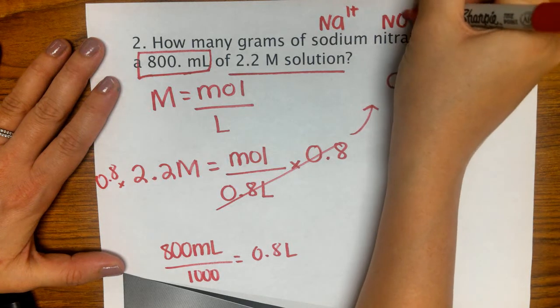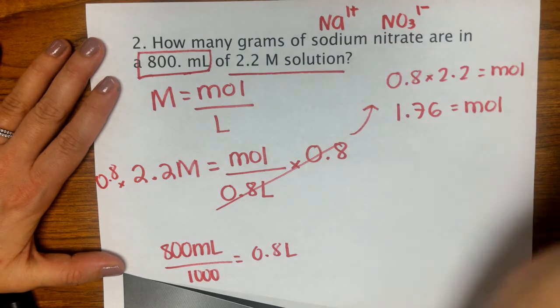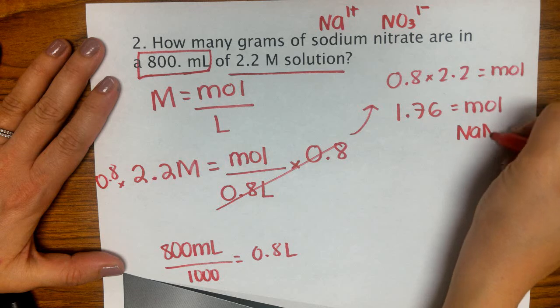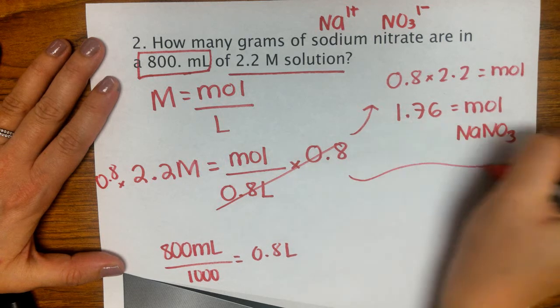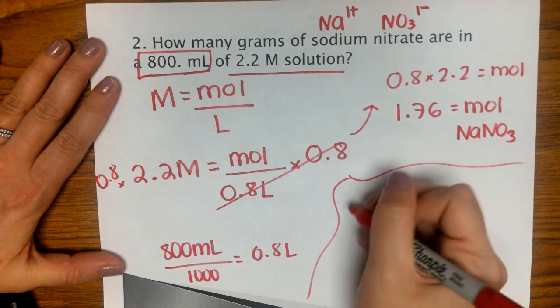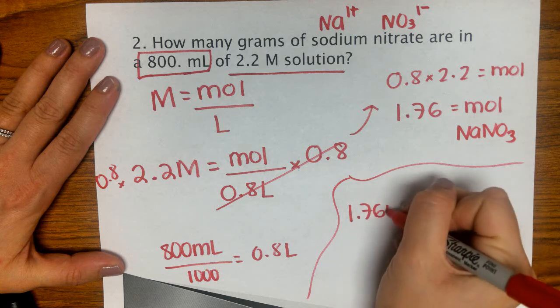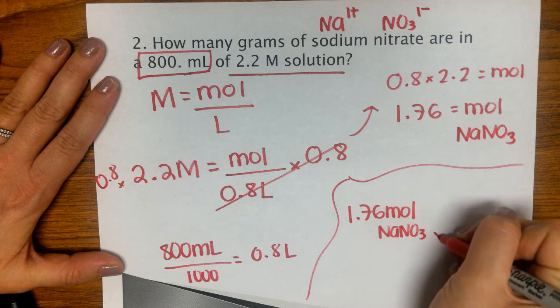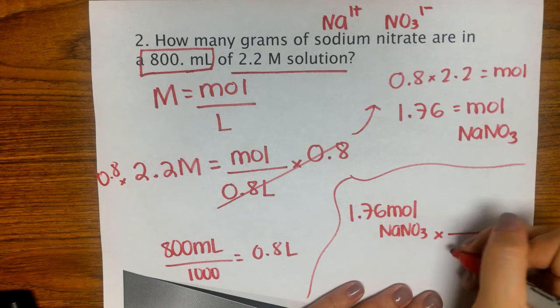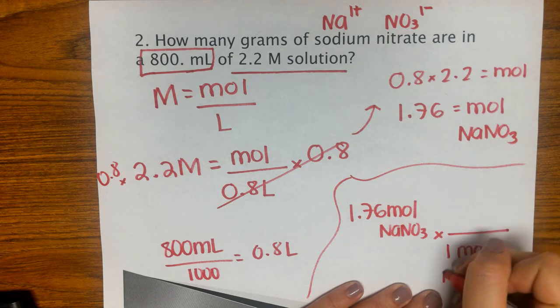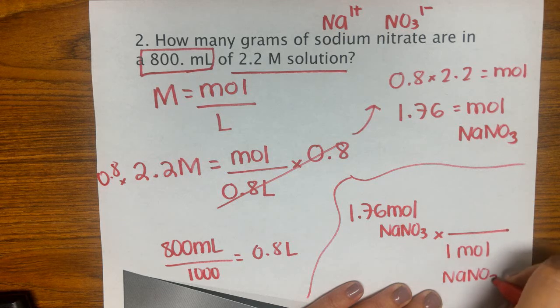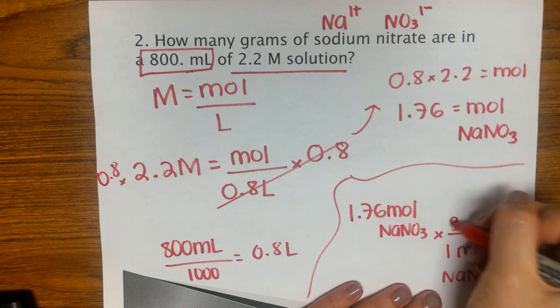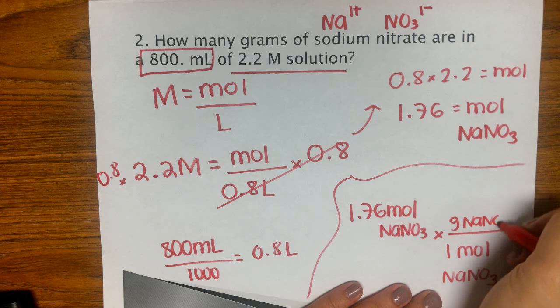It is NO3, 1 negative, so that formula is NaNO3, and we're going to have to change that to grams. So 1.76 moles NaNO3 times 1 mole NaNO3 at the bottom, and then we need to add up our grams of NaNO3 up top.